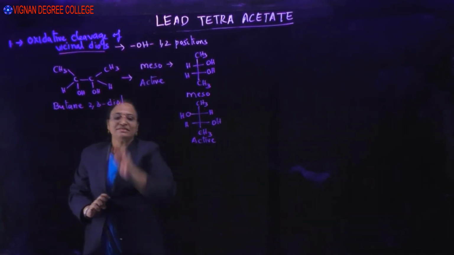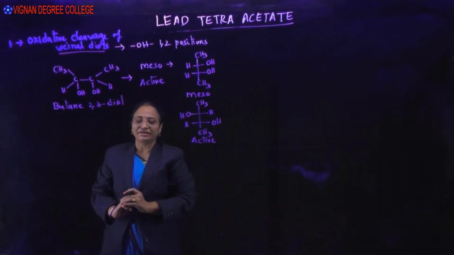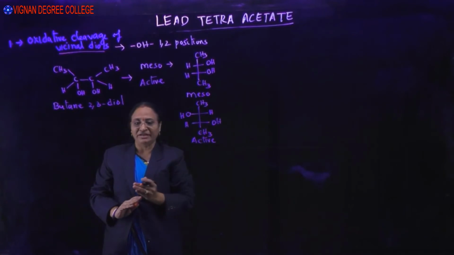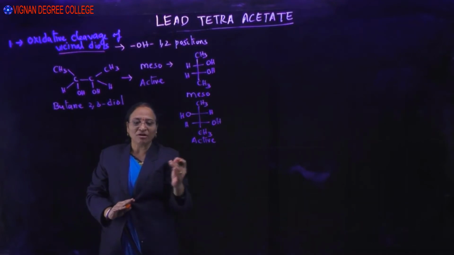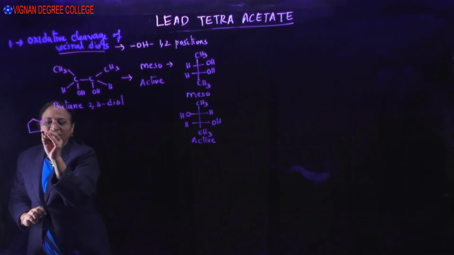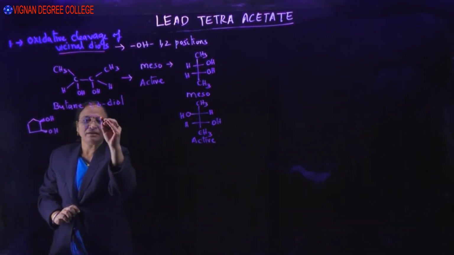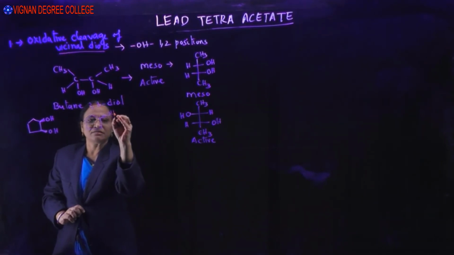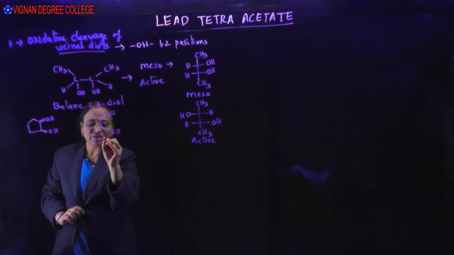Lead tetraacetate can oxidize both the meso form as well as the active form, but the mechanism will be different. The way the reaction proceeds will be different for the meso form and the active form. Similarly, if you take a cyclic diol, I can call this cyclopentane cis 1,2-diol or cyclopentane trans 1,2-diol.